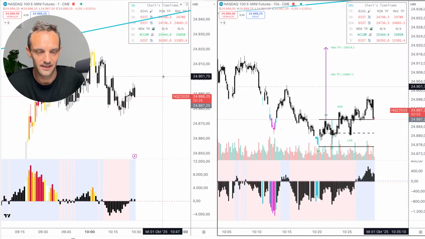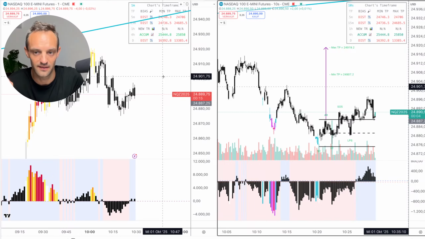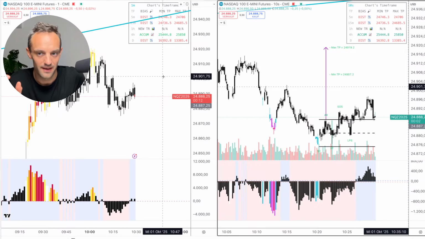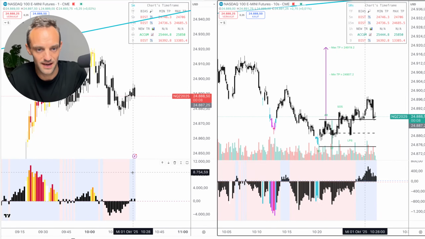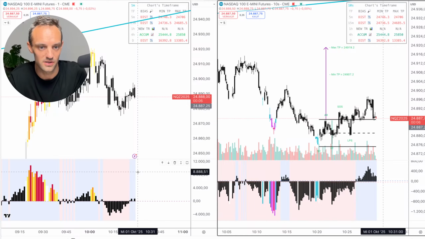We have it in the internal beta phase, and 90%, 95% of how the colorful candles are calculated are the same. But there are some very little changes, and these little changes also apply to the bullish and bearish zones.